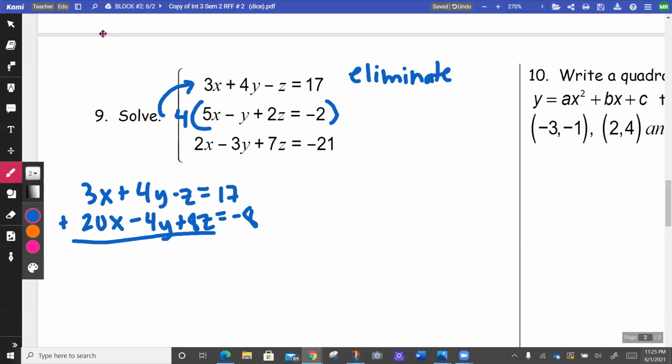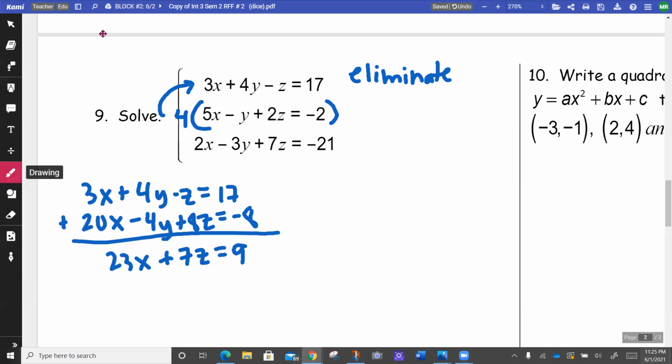I add that together. I get 23x, my y's cancel out, plus 7z is equal to 9. Okay, so let me just label these. This is equation 1, equation 2, equation 3. So I basically took 1 and 2, and I ended up with this fourth equation.